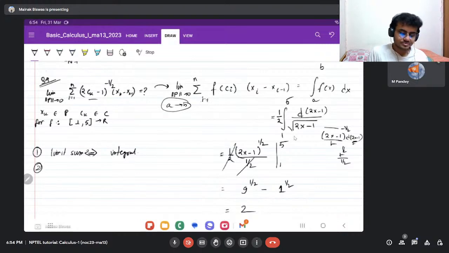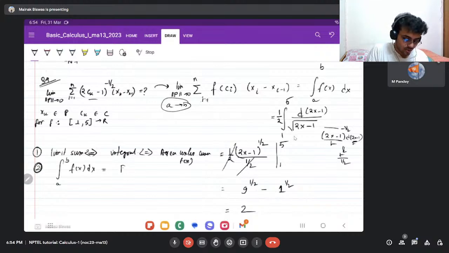Then we have also seen that it is equivalent to the area under the curve f(x). We have seen the integral of a to b f(x), and the rough intuition for it. We'll be seeing it through the fundamental theorem of calculus more formally: f of b minus f of a.